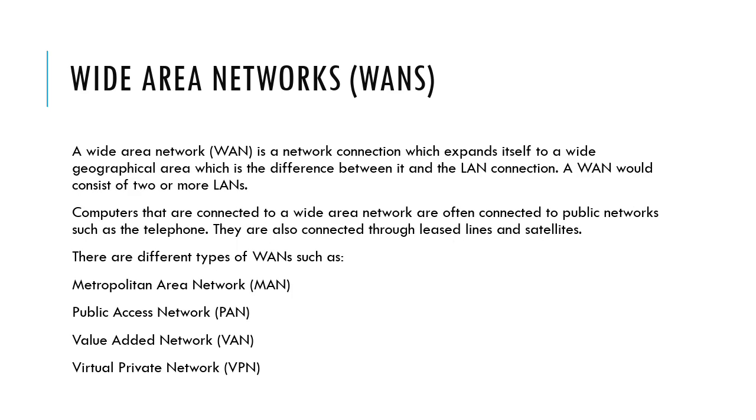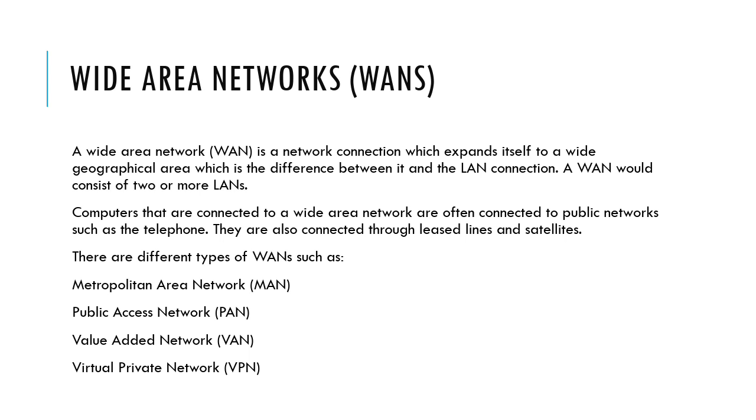So wide area networks. A WAN is a network connection which expands itself to a wide geographical area, which is the difference between it and a LAN. Because a LAN is normally only for local use, while a WAN could go all over the place.